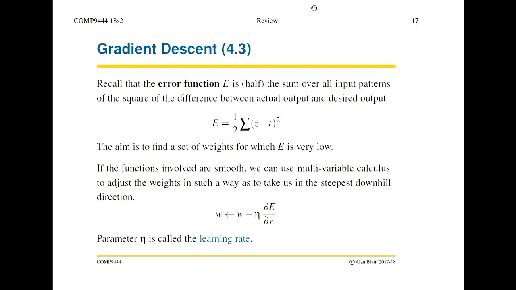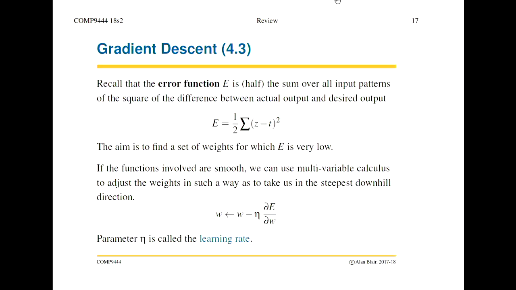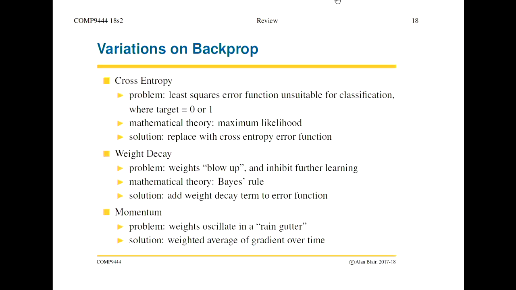We talked about the difference between online and batch learning. So often we do this not for the whole training set at once, but just for a single item or a mini batch of items, which is why it's sometimes called stochastic gradient descent.